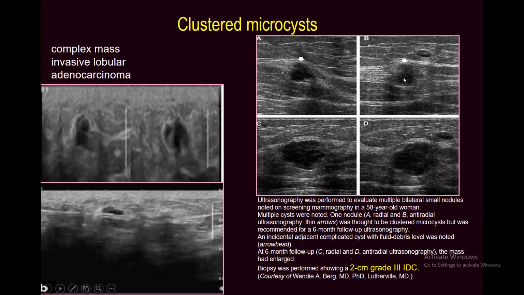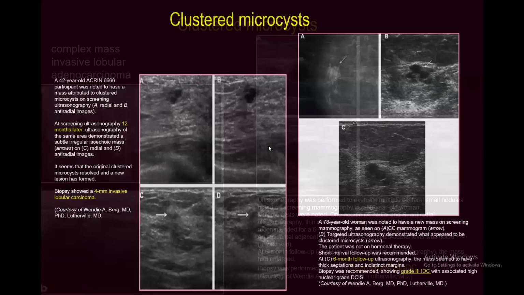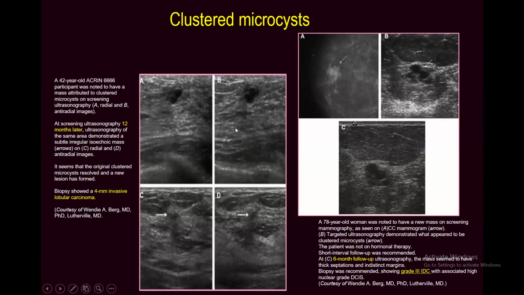And this example here at the beginning was assumed to be a microcyst, but because it is not very simple, a little bit complicated, they recommended follow-up, and after 6 months it presented with significant enlargement, in a case of grade 3 invasive ductal carcinoma. Again, here we can see an example of invasive lobular carcinoma.